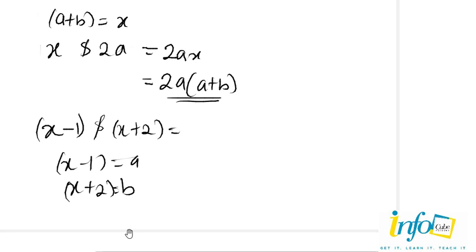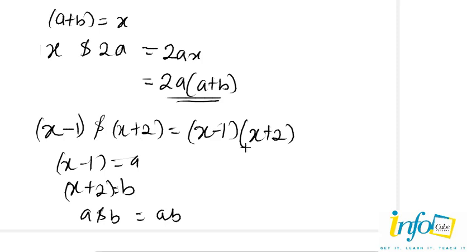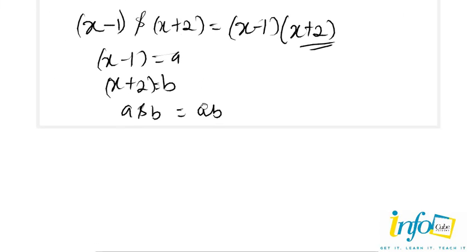Now ask yourself, what's the LCM of a and b? It will give you ab. So automatically the LCM of x minus 1 and x plus 2 will become x minus 1 multiplied by x plus 2. This becomes the LCM.